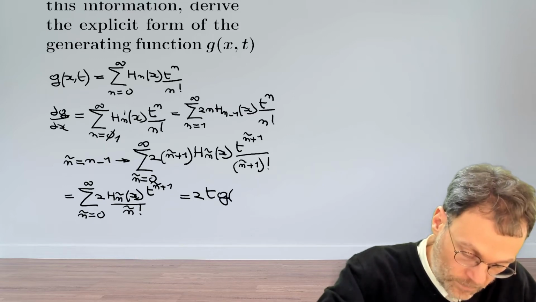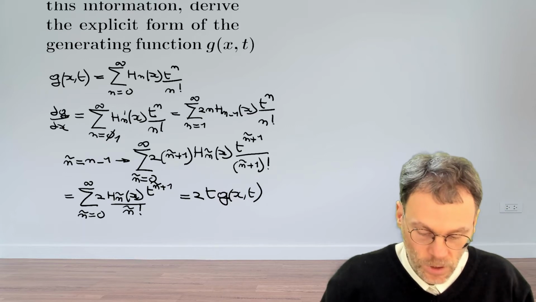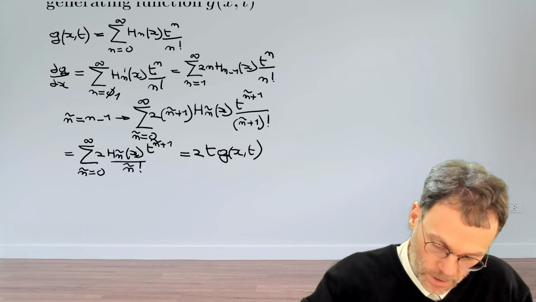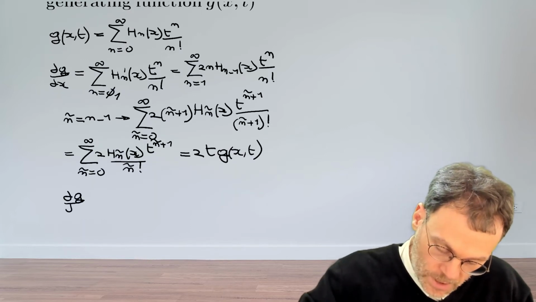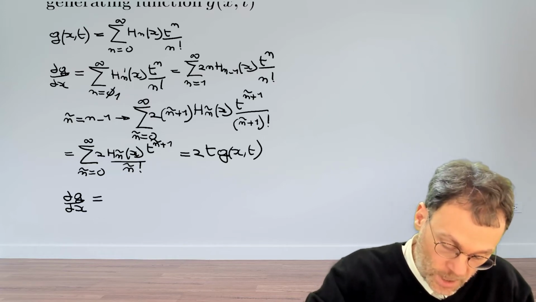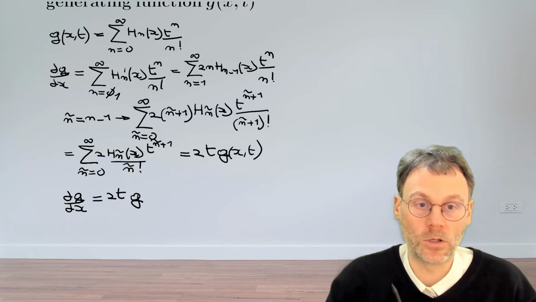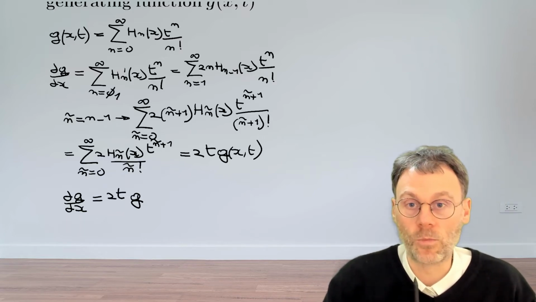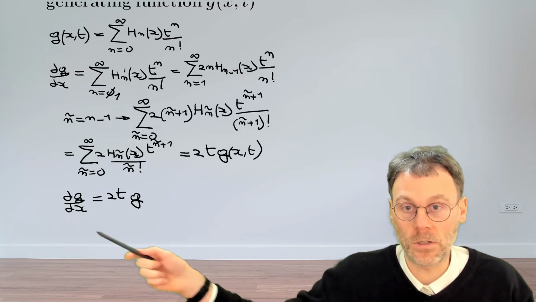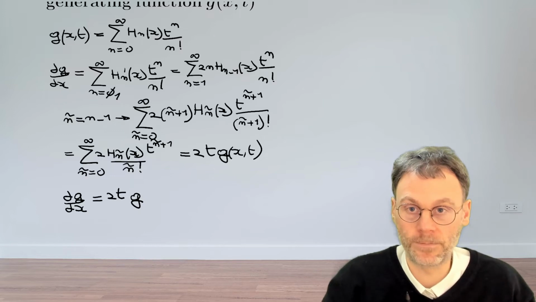But then we have the generating function again. So the good news is that now we have something that looks very simple. If we take the derivative with respect to x of the generating function, we should get back that generating function, but multiplied with 2t. So pause the video and see if you can use this information to derive something more about the generating function.